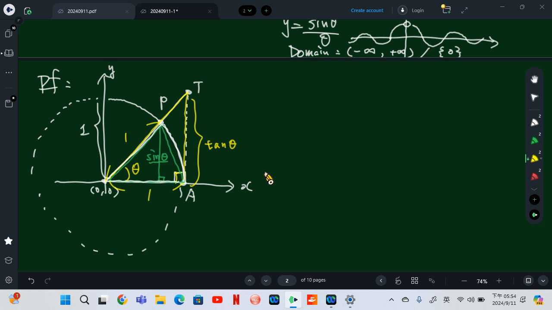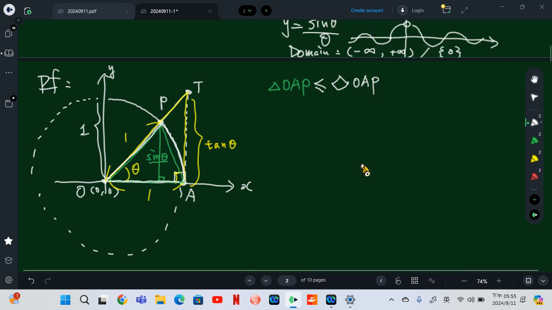Based on this, if we denote the center point as O, then the triangle OAP should be less than or equal to the fan sector OAP.